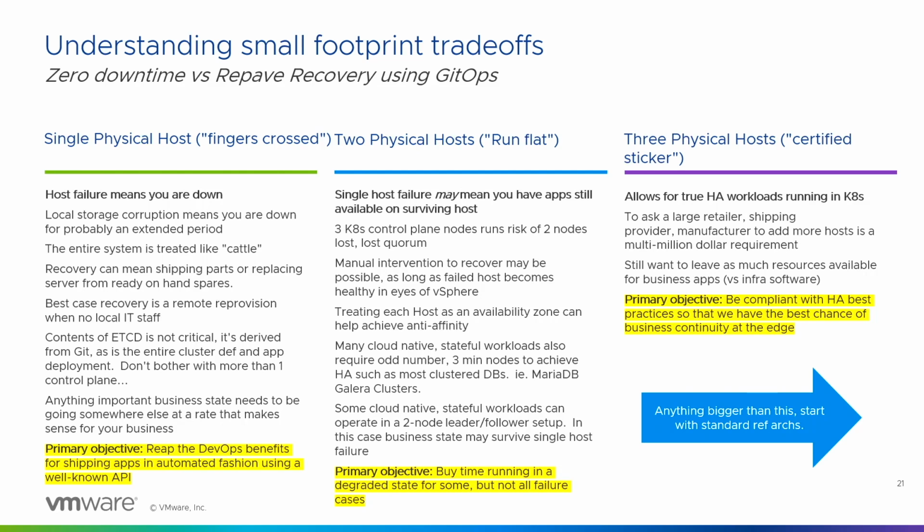But the point of this slide is that you can make the decisions based on how much pain you can incur if a physical host goes down, and then spend accordingly. Yeah, so it's a big decision point because typically you're not talking about 10, 20 sites. In most of your deployments, you could be looking at hundreds of stores or potentially thousands of locations.